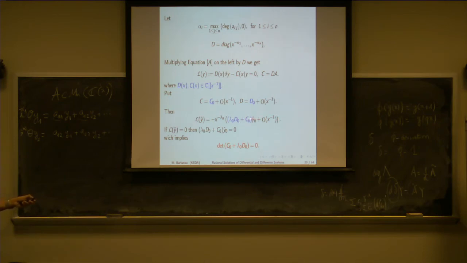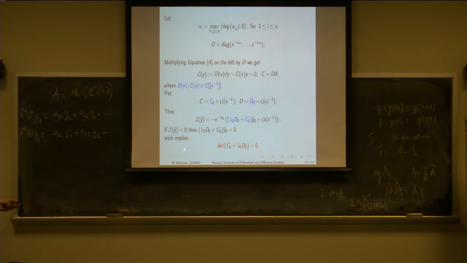Remember that y hat 0 is supposed to be non-zero. One necessary condition in order that y hat be a solution is that this equation must be satisfied. So here you have a pencil of matrices, and as y hat 0 is non-zero, the determinant of this pencil must be 0.